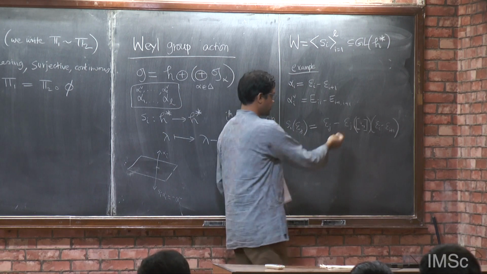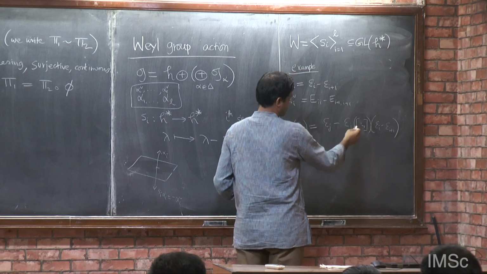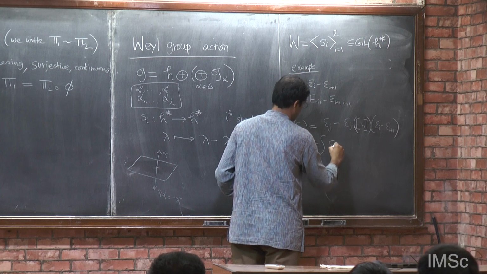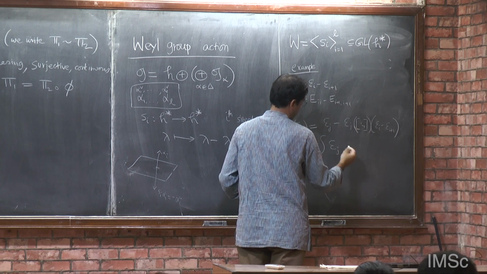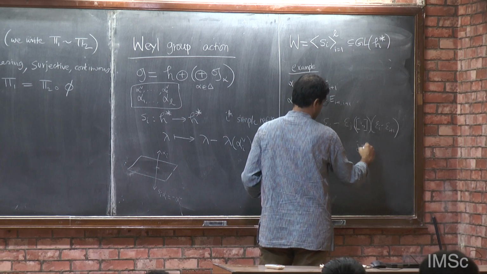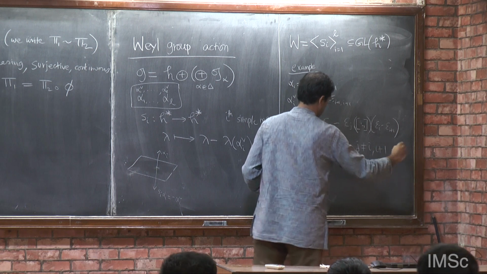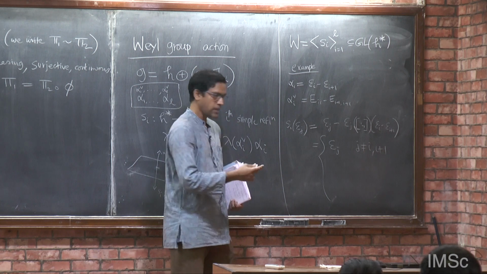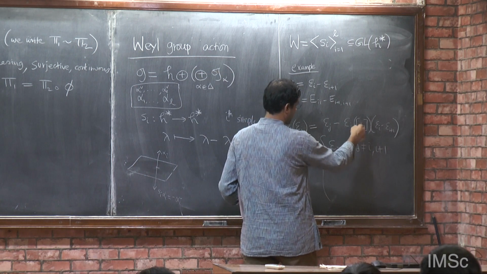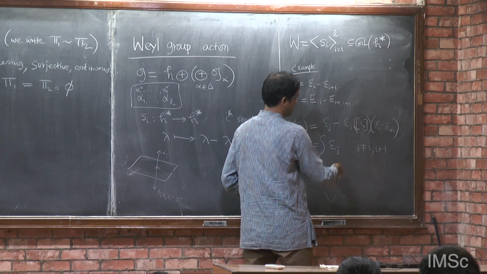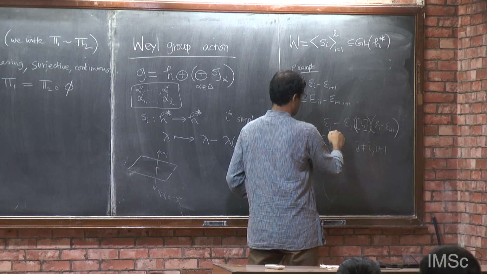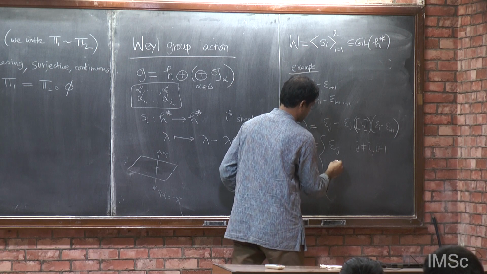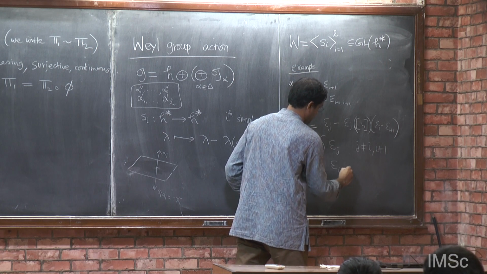So it's almost always going to give you 0, because except for these two entries, everything else is 0. If j is not i or i plus 1, it's 0. If j equals i, then epsilon_j acting on this diagonal matrix gives me a 1. So it's epsilon_i minus (epsilon_i minus epsilon_{i+1}), so the epsilon_i cancels and I get epsilon_{i+1}.